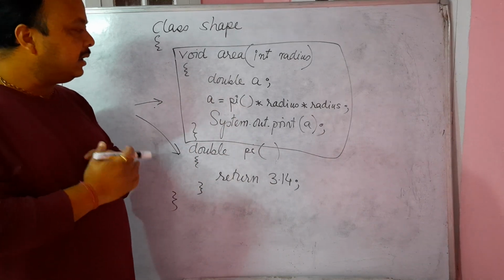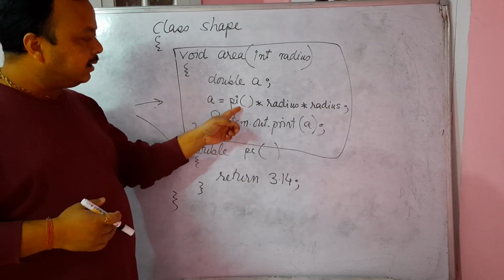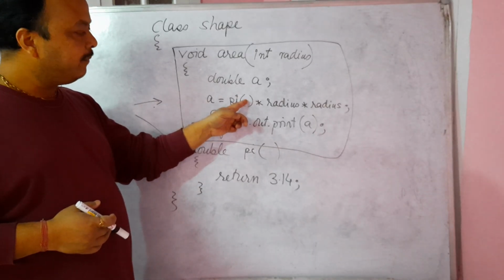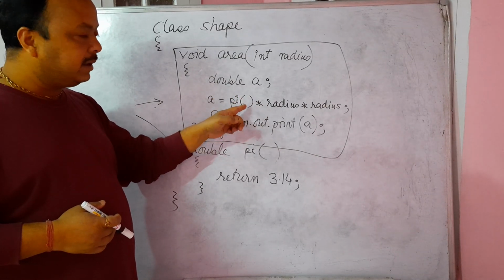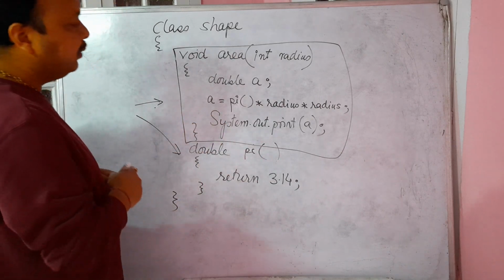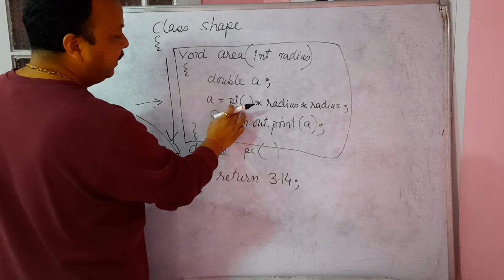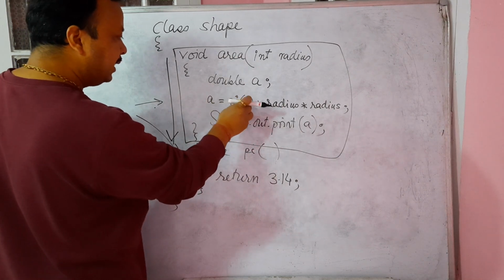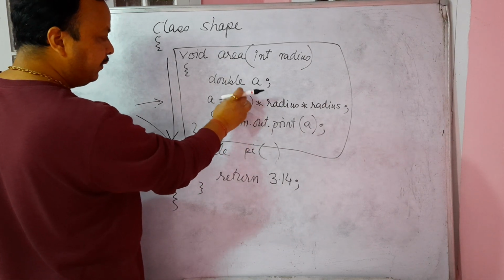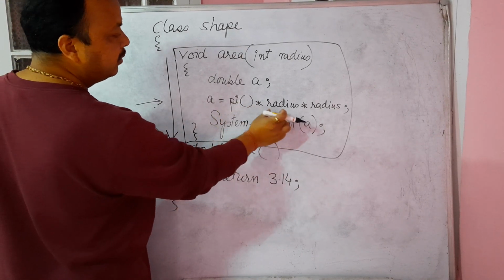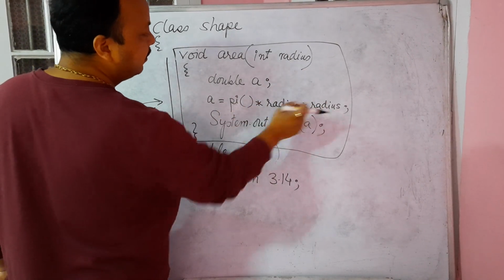Now you may be thinking, why did I write here pi only? Where is the value? No, pi does not require any value. Instead, pi will return a value. So when it practically executes, whatever value pi returns is going to replace this pi function, the value 3.14, and that 3.14 is going to multiply with the value of radius that you supply.